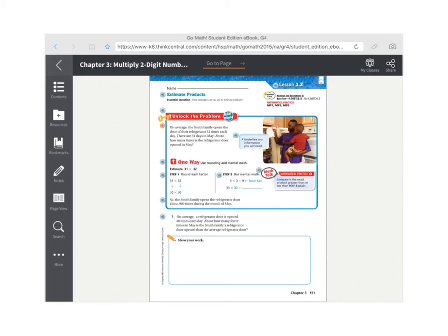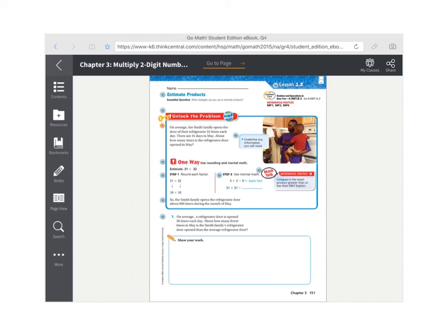Now it said how many fewer? So if we have this box here that's 1200, and we have this box here that's 900, how many fewer is this part right here that we have to find out, what is the difference? So everyone think in your heads, what are we going to do to get the difference between 1200 and 900? Think and say. Yes, we are going to subtract.